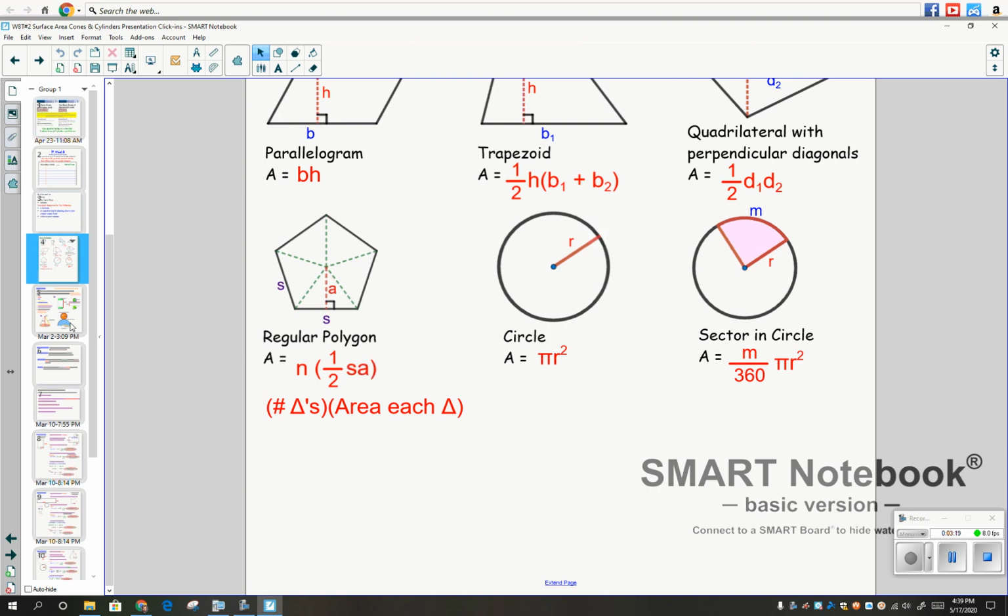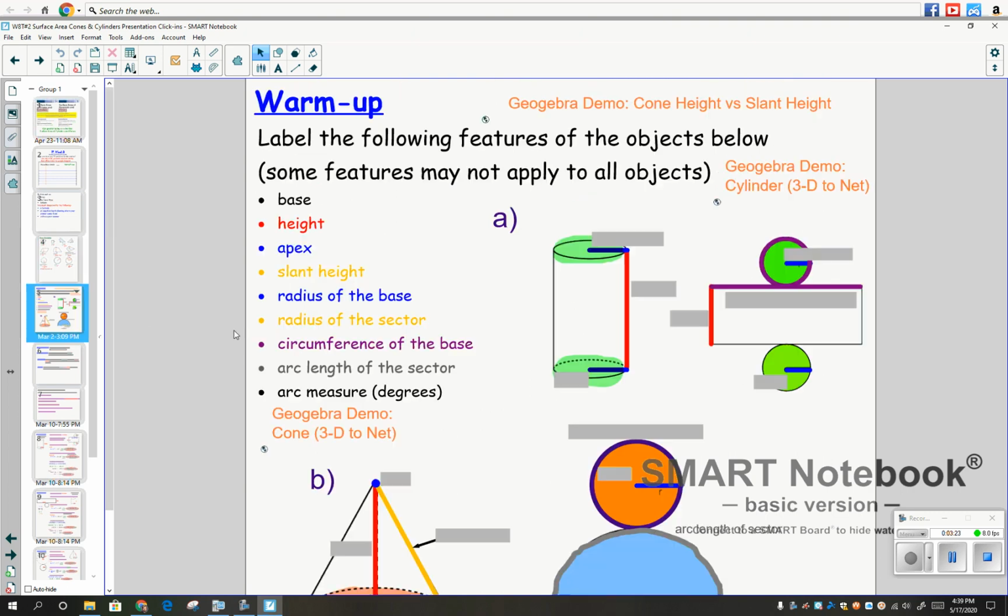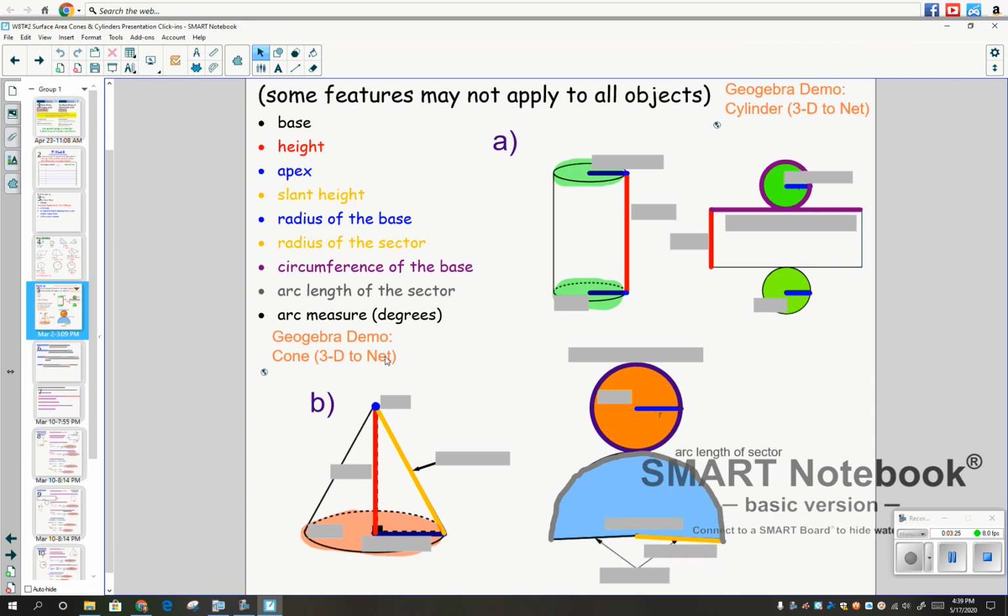Because we're looking at cones and cylinders, what's unique about cones and cylinders? Their bases. They all have circular bases. So if I look up here at the top, letter A, the two side by side here. The first one is the 3D image of a cylinder, and the second one is the net.